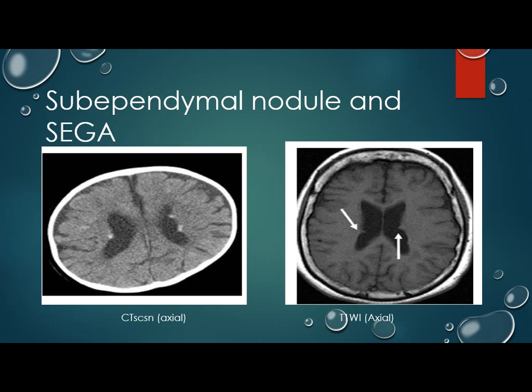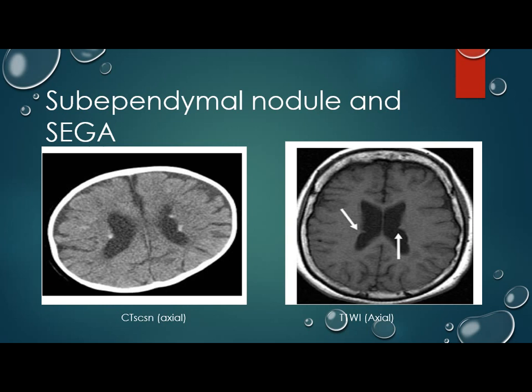Sometimes it is difficult to differentiate these nodules from the giant cell astrocytoma. The giant cell astrocytoma usually occurs near the foramen of Monro and causes obstructive hydrocephalus. It is also larger than the subependymal nodule. Sometimes subependymal nodules become large and appear near the foramen of Monro, causing the same change.